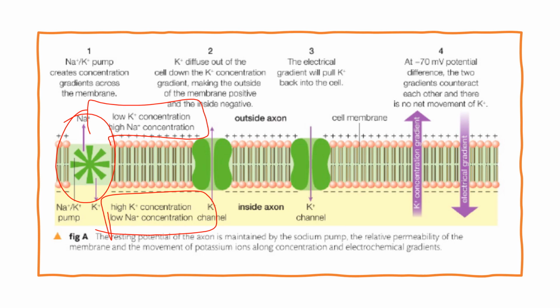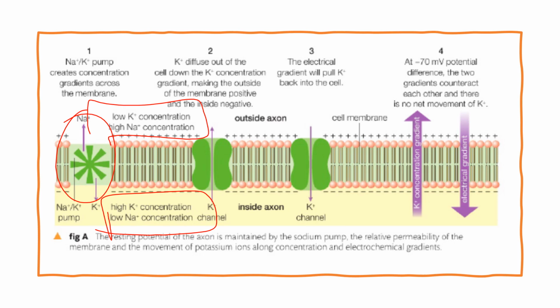So what's going to happen? Outside the axon we have a lot of sodium but less potassium. Inside the axon we have very little sodium but a lot of potassium. The membrane is impermeable to sodium ions, so sodium ions cannot diffuse through the membrane. At the same time, potassium ions are actively moved into the axon by the pump.